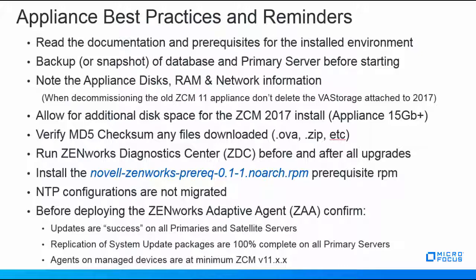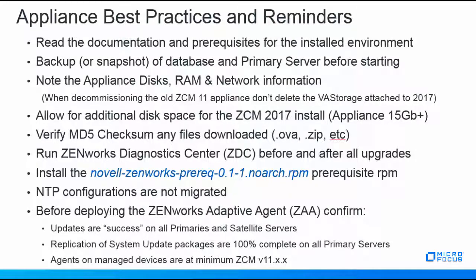Be sure to check the MD5 checksum after downloading the ZENworks 2017 OVA from the download site. Run ZDC before and after all upgrades. This particular upgrade requires the Novell ZENworks prereq RPM to be installed prior to upgrading. As a reminder, the NTP configurations are not migrated.